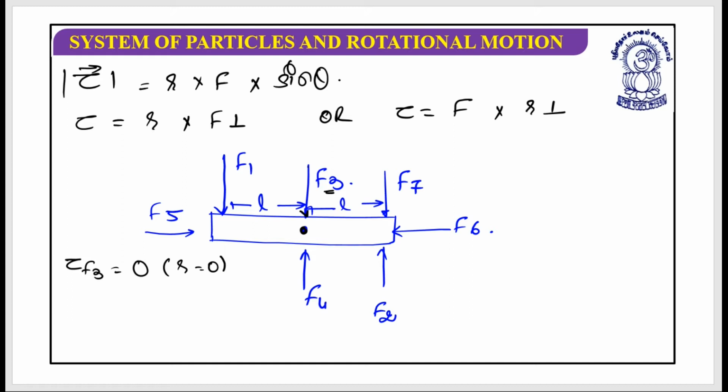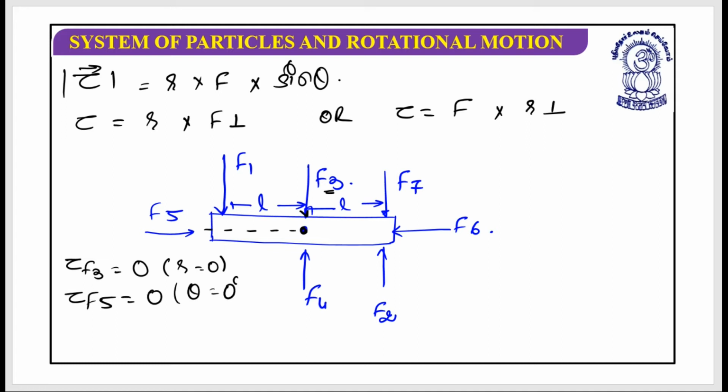So if you extend your force vector and it meets the point where the rod has been hinged, that means due to that force the torque will be 0. Let's understand this. Extend Fy. Yes, it again meets the point where it has been hinged. So torque due to Fy would be 0. Why?